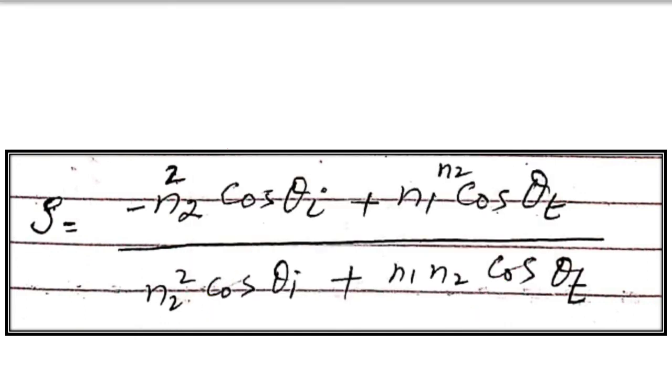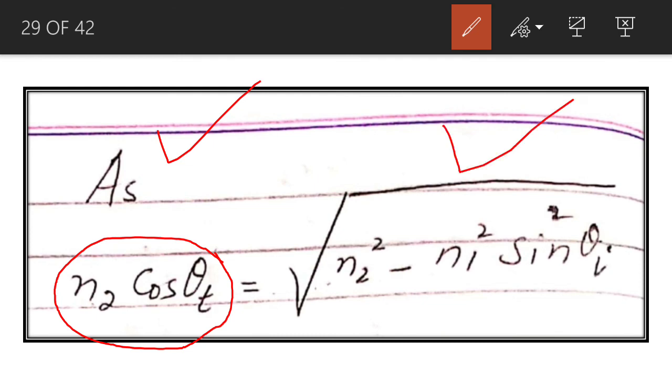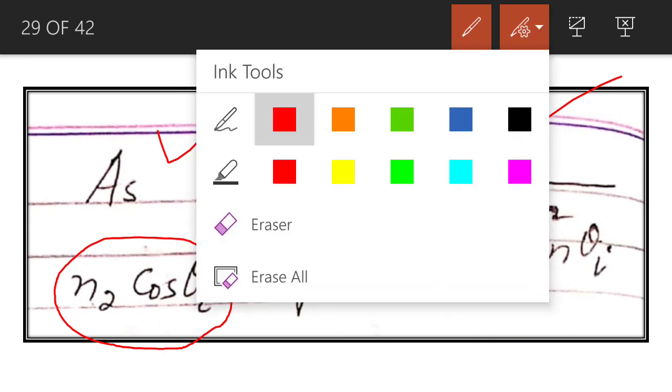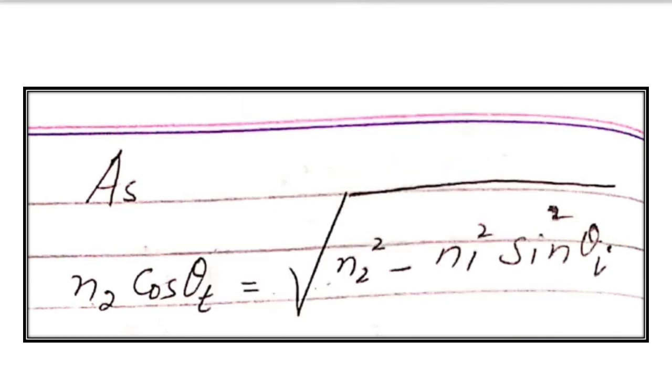And if you guys remember, we applied the Snell's law, and we equated n2 cos theta t in the previous class to under root n2 square minus n1 square sine square theta I. So if we replace n2 cos theta t in the previous equation by under root n2 square minus n1 square sine square theta I, we get another equation.